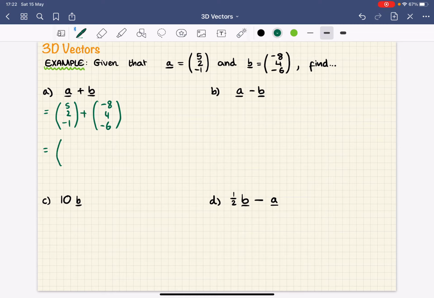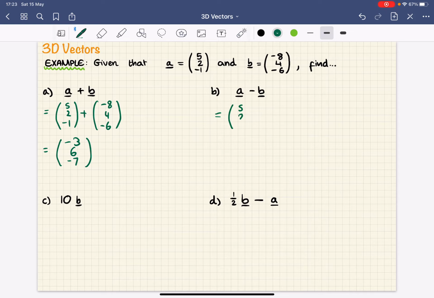So 5 plus minus 8 is going to be minus 3. Then I've got 2 plus 4, that's going to be 6. And lastly, I've got minus 1 plus minus 6, that's going to be minus 7. So as you can see, nothing has really changed here. Let's take a look at the next one.